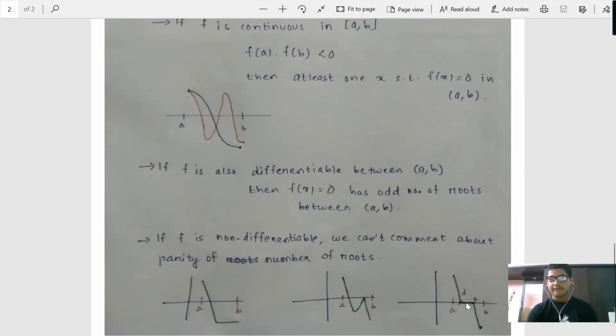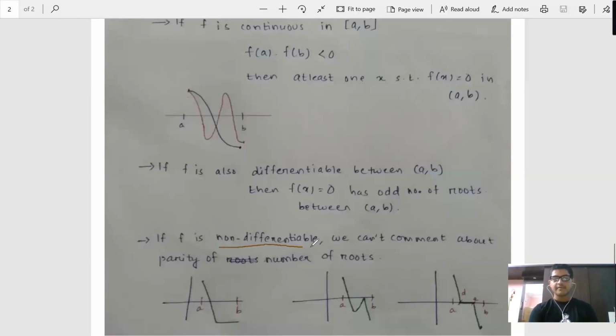So at D there is non-differentiability, at E there is non-differentiability, but there is a flat line between D to E. So we cannot argue how many roots there are between D to E, but they all are roots. You can take any point between D and E and put it into the graph of f. You say that okay, that's f(x) equal to 0. So the statement is, if f is non-differentiable, we cannot comment about the parity of the number of roots.